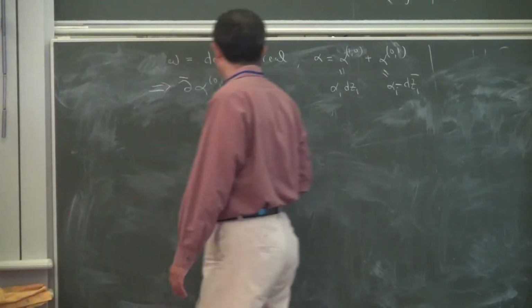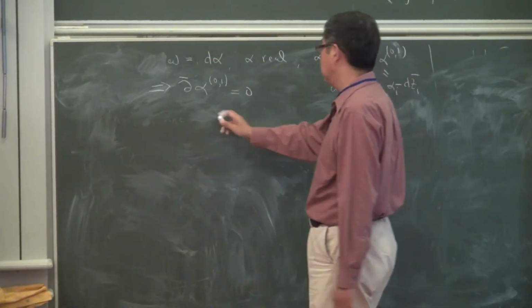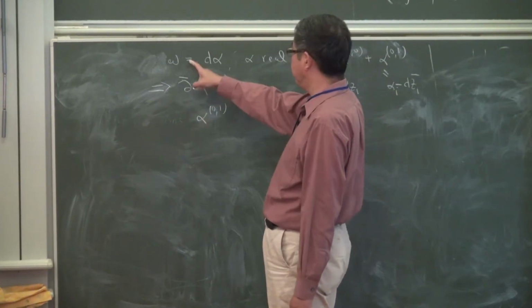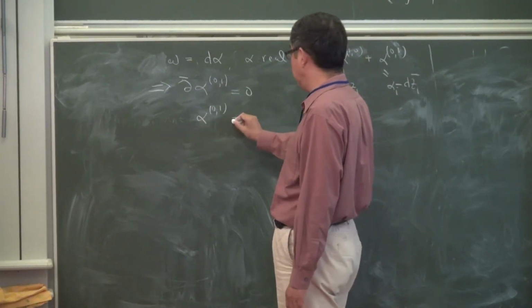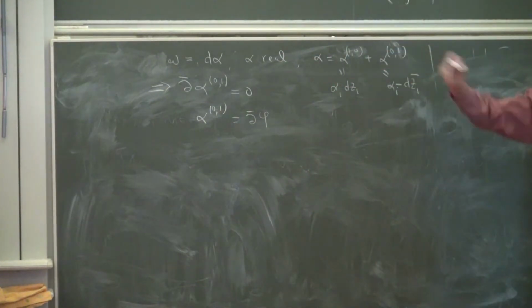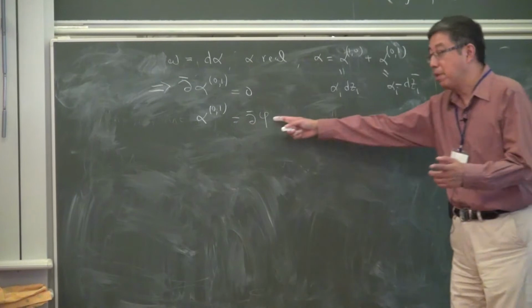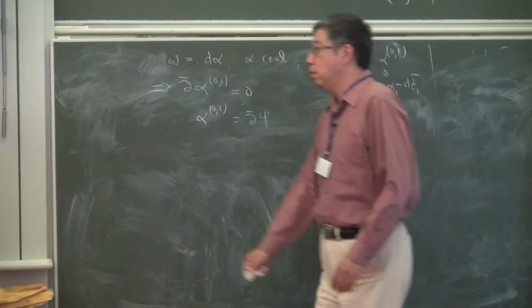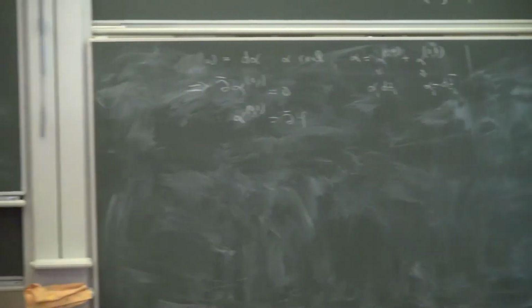Then this alpha, using a version of the d-bar Poincare lemma for the complex case, can be written as d-bar of a function. So now you get that, maybe up to some constant; you need to do some normalizations. So locally you have this.